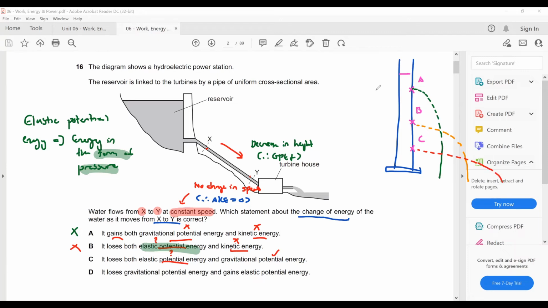Okay, notice that for this part here, the water shoots out further. But why is it so? It's because of the pressure of the water. You learned before this pressure is H rho G. Pressure is actually directly proportional to H. When H increases, pressure increases.